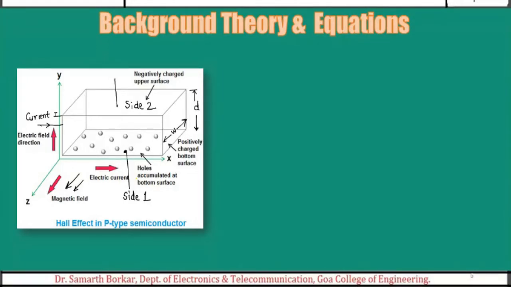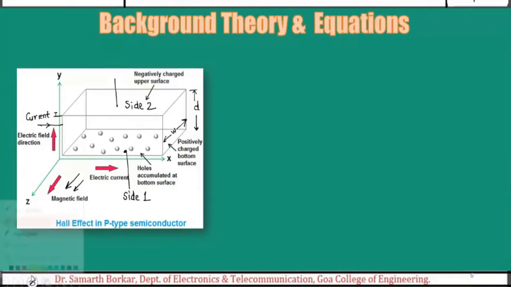So basically, what is this Hall effect? Just look at this diagram right in front of you. We have a bar of semiconductor. Fine. It has two sides, side one and side two. The area of cross section is W into D, width into D. Now, most important, it is carrying a current.